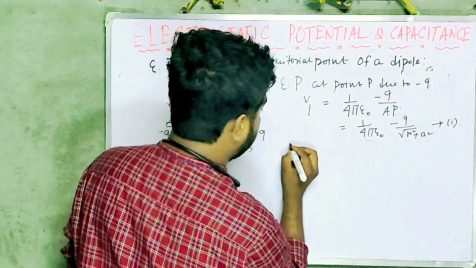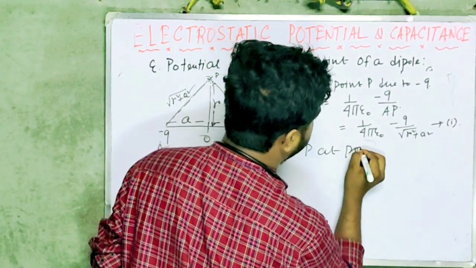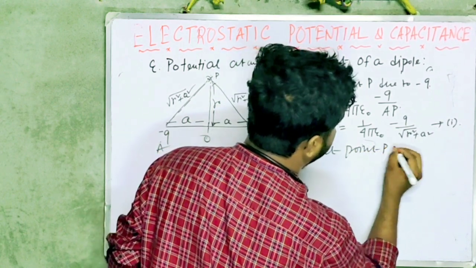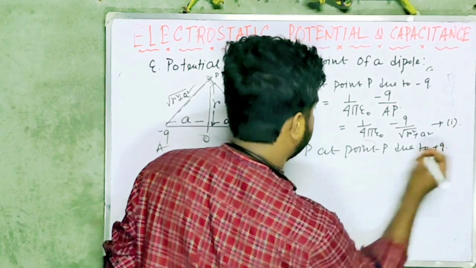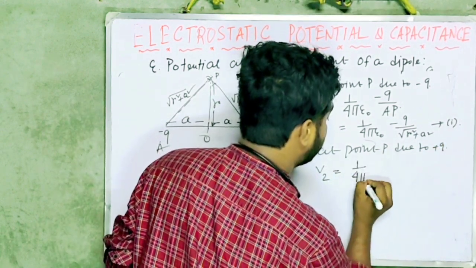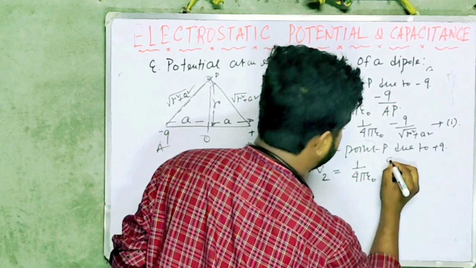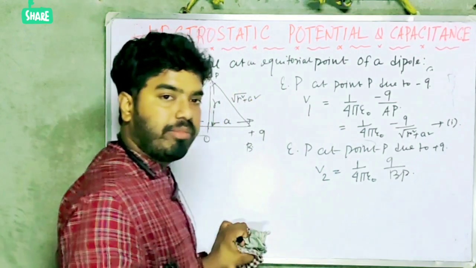Now electric potential at point P due to plus Q, the expression will be V2 is equal to 1 by 4 pi epsilon naught, the amount of charge plus Q by separation, that is BP.